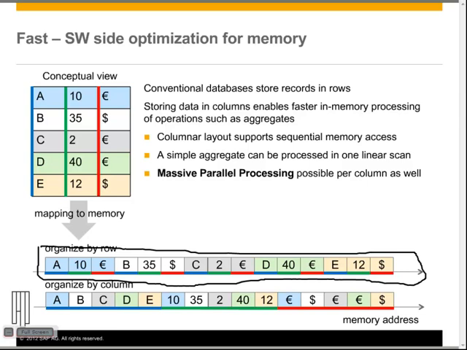Conversely, in a column store, the entries of a column are stored in a contiguous memory location. You spot the difference here between these two organizations by column and row. What we basically then have in row 1 is A10 and the euro sign. The first row is followed by the second row, B35 and the dollar sign. And in the column store, we then have A, B, C, which is basically the three first rows of the first column.